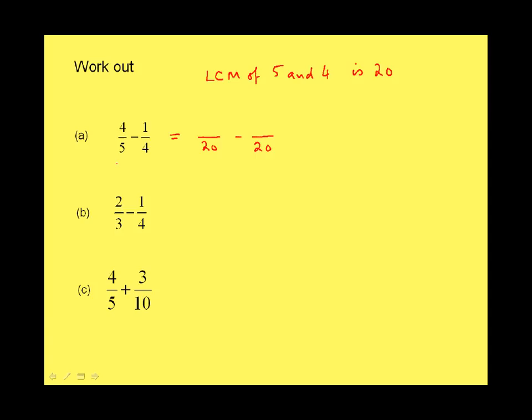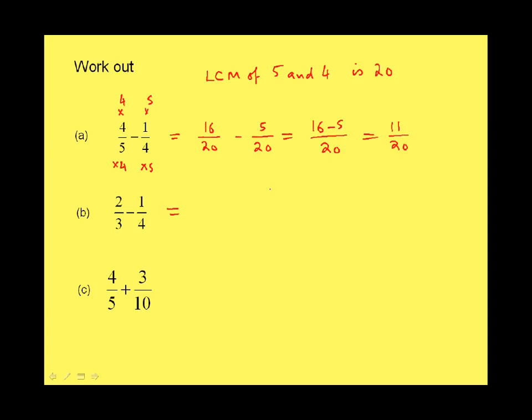We multiply this one by 4 and multiply this number by 5, doing the same thing on the top. So we get 16 and we get 5. Then we write 16 minus 5 because it's the same denominator. So the answer is 11 divided by 20.